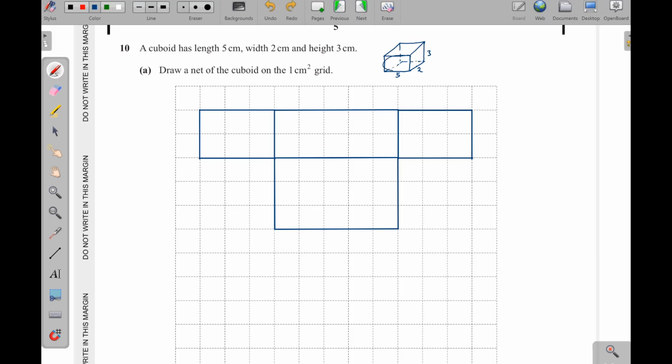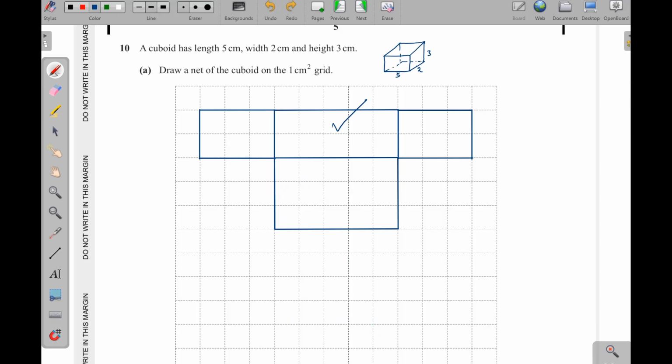Now since I've drawn this one here, now there is this face up here, okay, which is the same as the one down, so it is the one that is supposed to come here. You see that? So in other words, if you have this one, jump a face, then put another. Then this one that you have here, jump one here and then put it down. As simple as that.